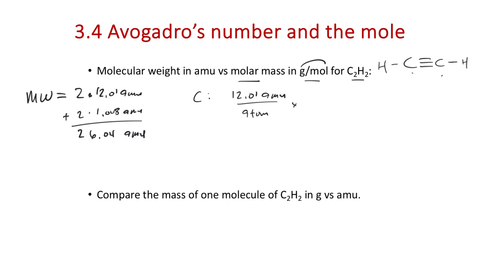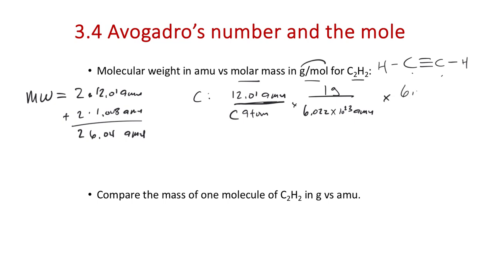Our AMU to gram conversion, we talked about this last time, it's 6.022 times 10 to the 23. There's an Avogadro's number of AMU in 1 gram of anything. So 1 gram just corresponds to an Avogadro's number of AMU. And then the atomic weight that we started with, 12.01 AMU per carbon atom.